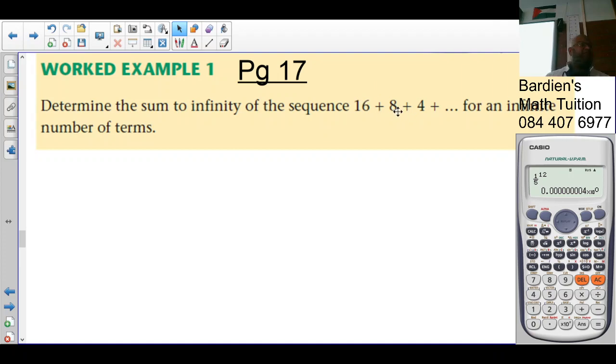Is r between negative 1 and 1? Yes. What's your a value? 16, for an infinite number of terms. So do the calculation quickly.